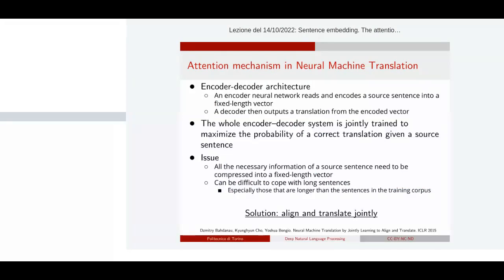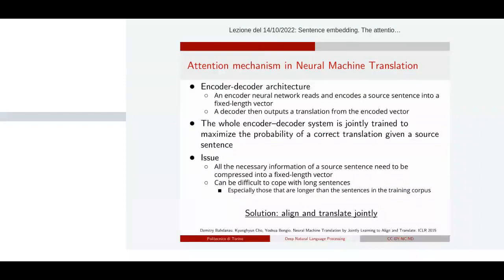It was work published in 2014, 15, sorry, and it basically relies on an encoder-decoder network, where the encoder reads and encodes the source sentence, and the encoded version is a vector of fixed size, as I described in the introduction of this course. Then you take the context vectors and you produce with the decoder an output translation from the decoded vectors.